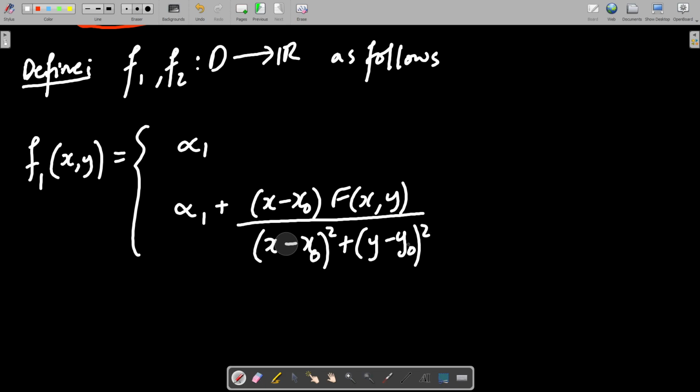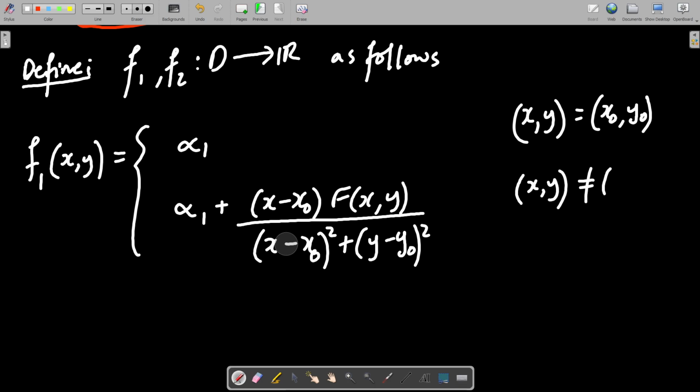So this is defined as alpha 1 when x comma y is equal to x naught y naught, and here you have x comma y not equal to x naught y naught.